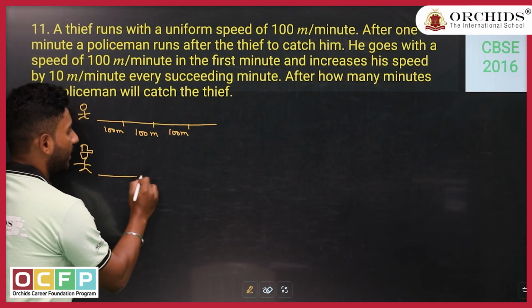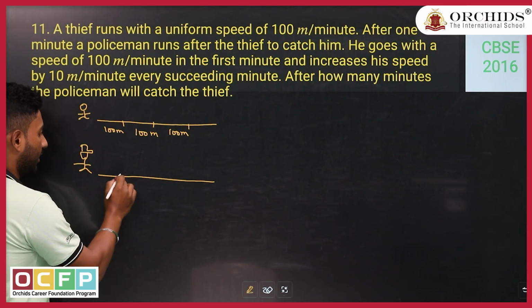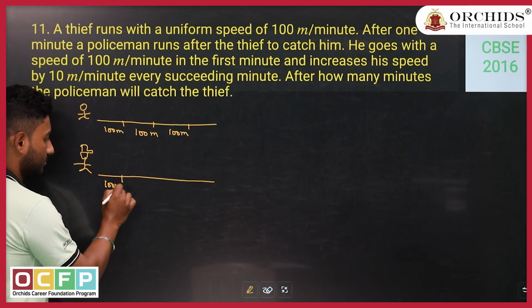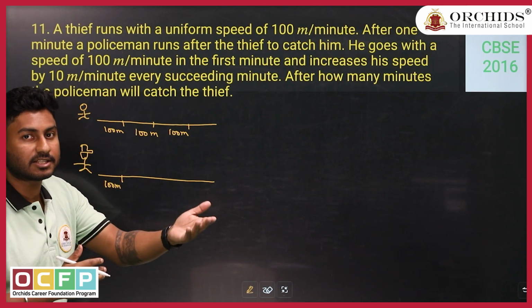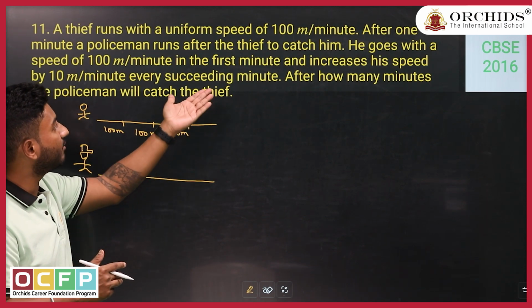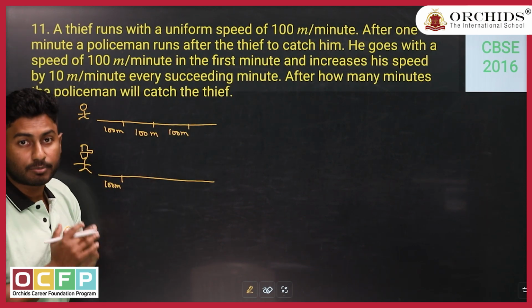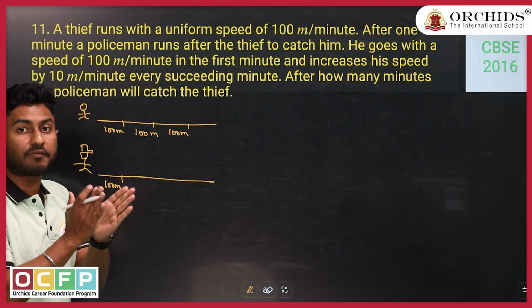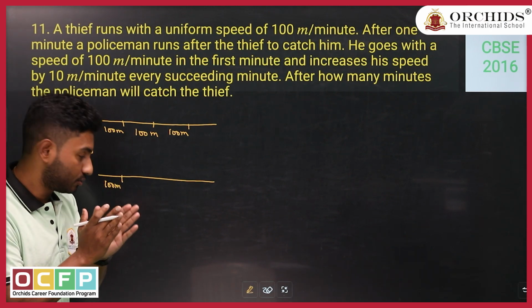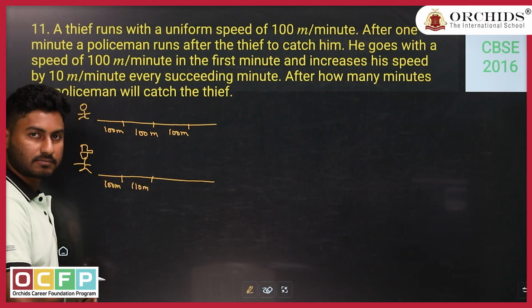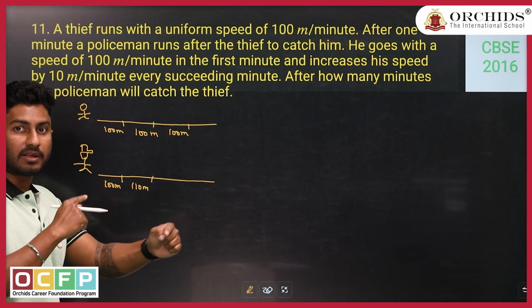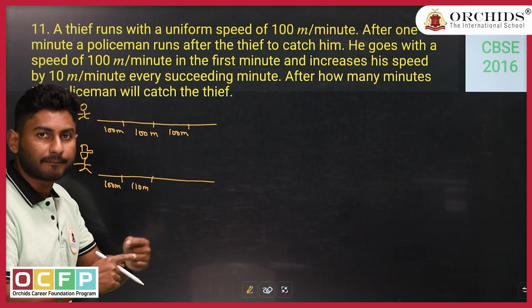In the first minute he will travel 100 meters. In the next minute he will increase the speed by 10 meter per minute, so he will run at 110 meter per minute. That means in the second minute he will cover 110 meters. Subsequently he will keep on increasing the speed.